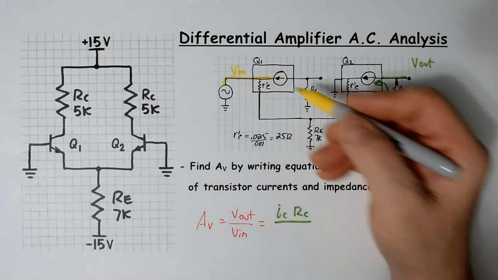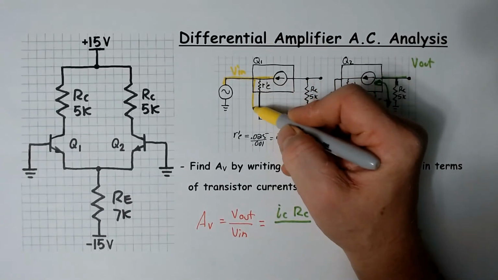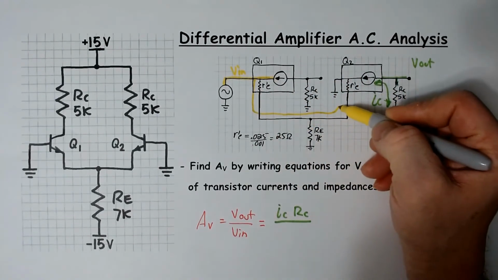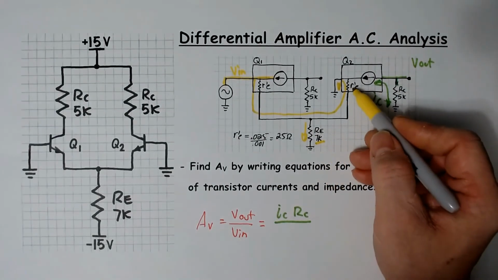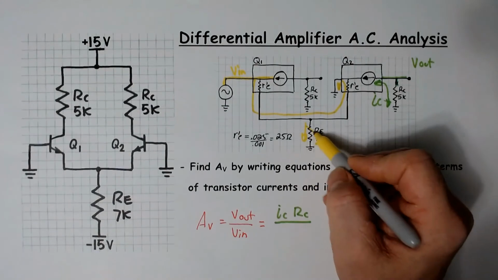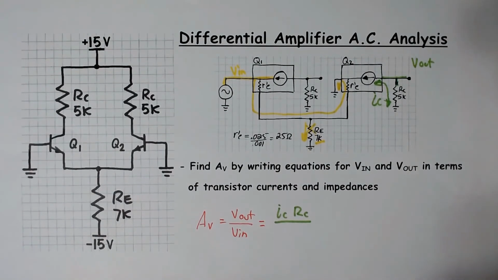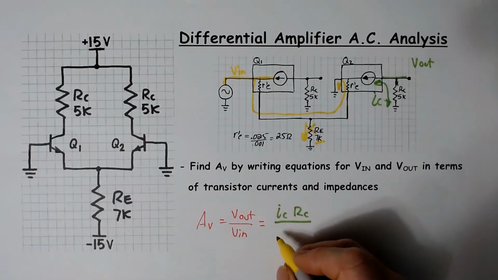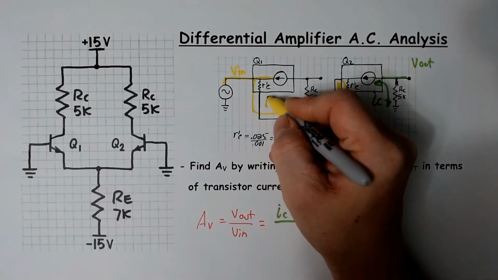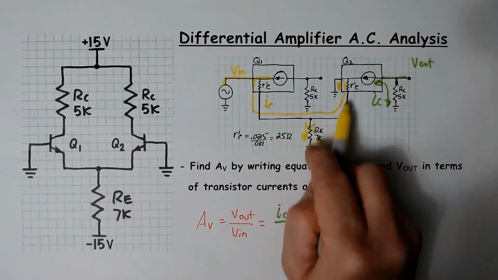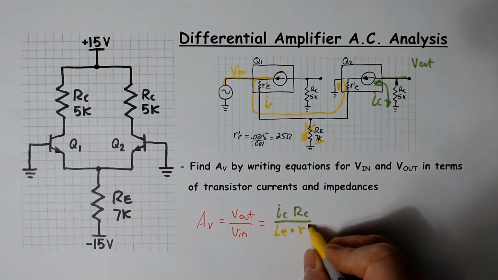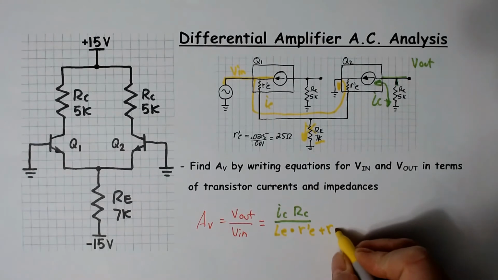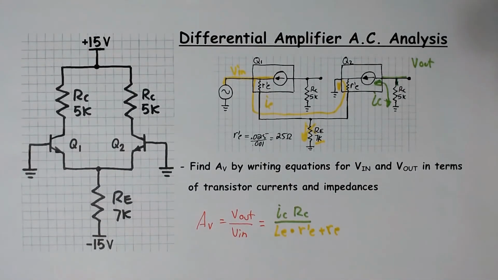When I apply V in here, a little bit of the current goes this way, and it goes that way. A tiny little bit goes there, but that's 7,000, and that's 25 ohms, so we can ignore this. So I would say that V in is going to be, this is now the emitter current. The current coming out of this terminal is the emitter current. So it's IE times R prime E plus R prime E.